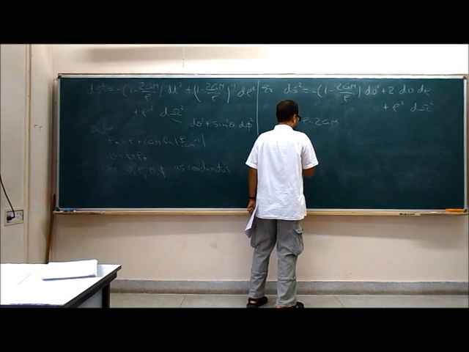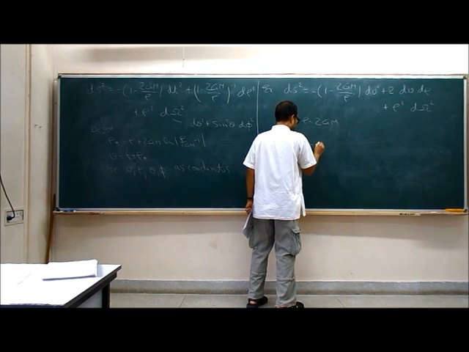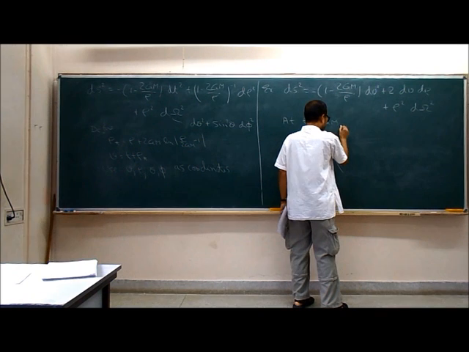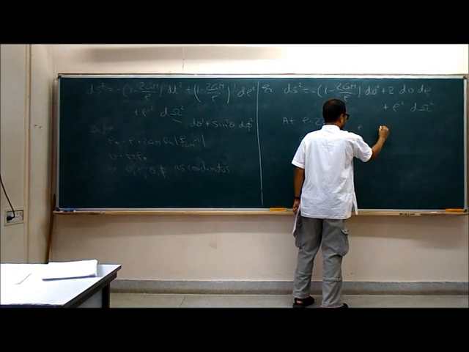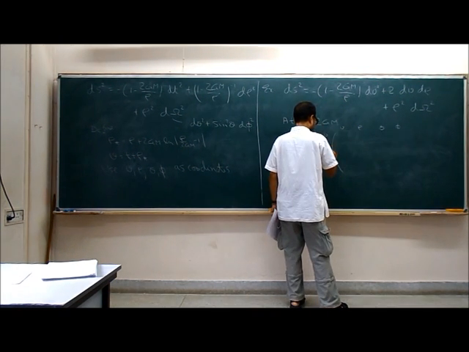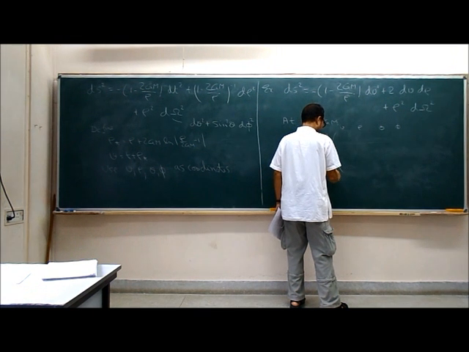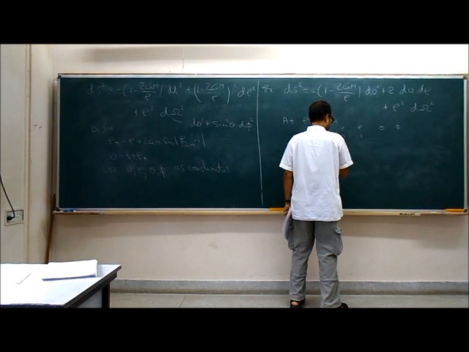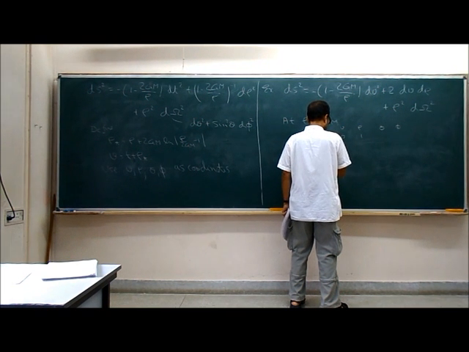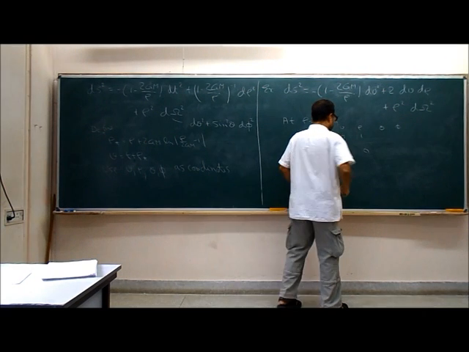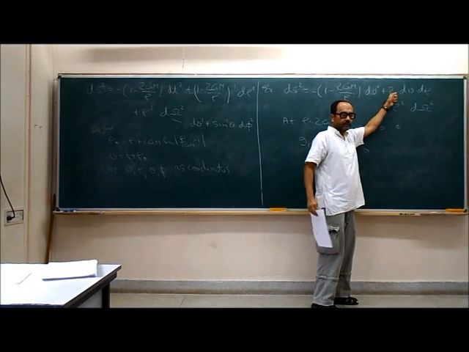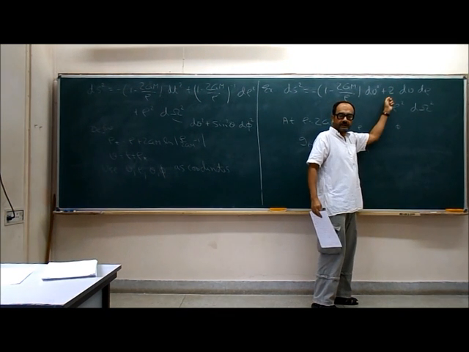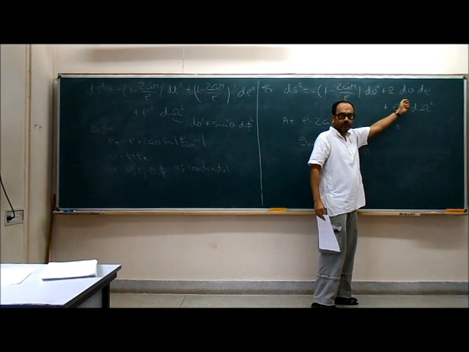The metric g mu nu has the following structure. See, there is no dv square component. So we write v, rho, theta, phi. The entries are 0, 1, 0, 0 for the first row. The dv d rho coefficient is 2, so I assign 1 to g v rho and 1 to g rho v, because this is g mu nu dx mu dx nu.